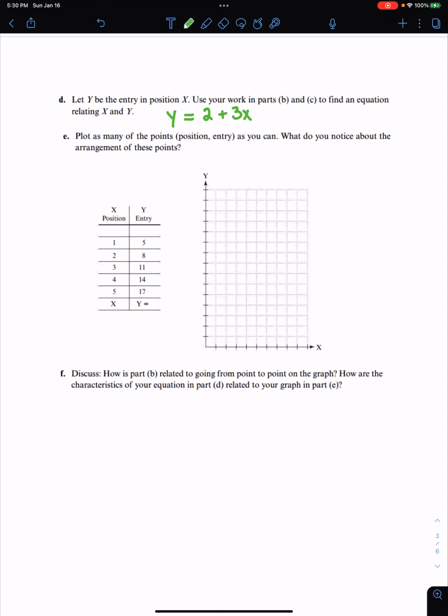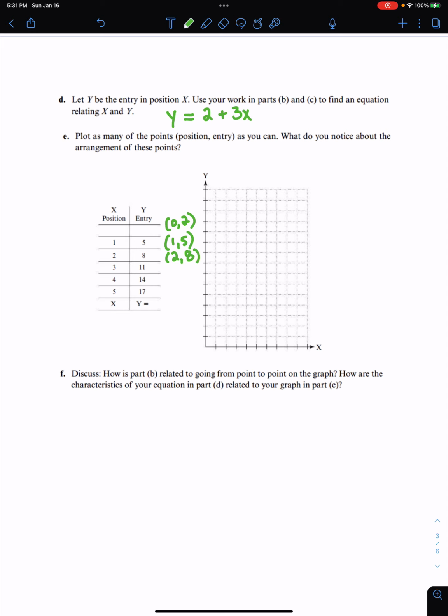Now, if we plot these points on a graph, we could write these points as ordered pairs. 1, 5, 2, 8. Don't forget our 0, 2 position. Okay? And remember how to plot points.